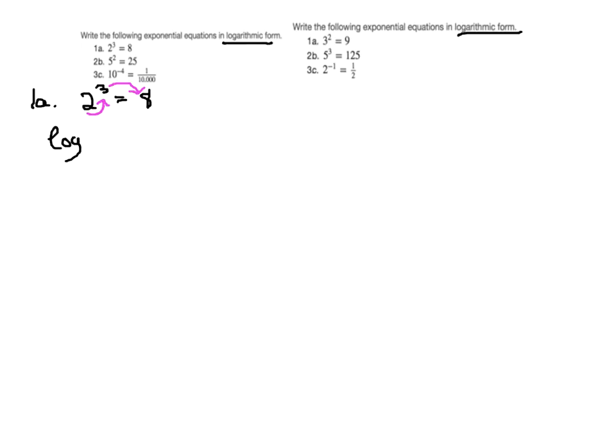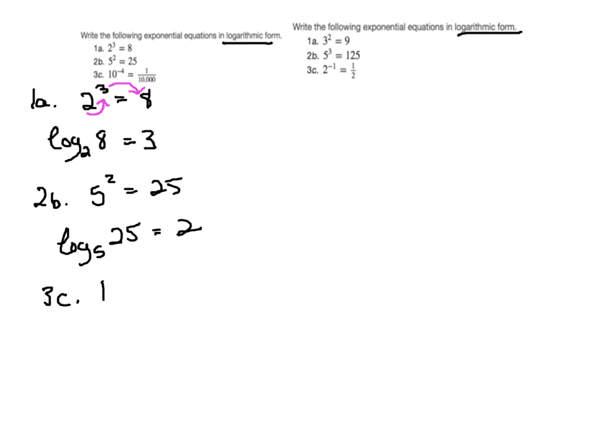So log, same base here, start at the base, raise to the is, and that equals the of. Okay, 2b, 5 squared is 25, log base 5 of 25 is 2.